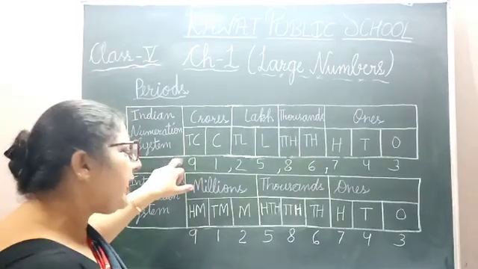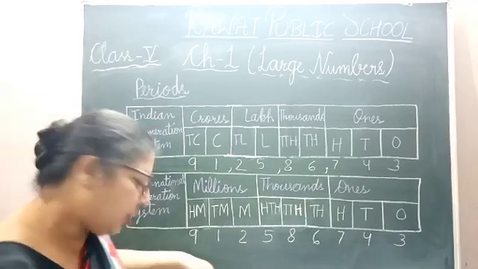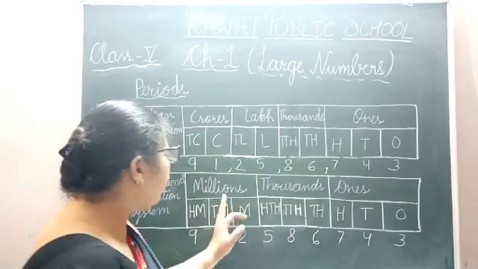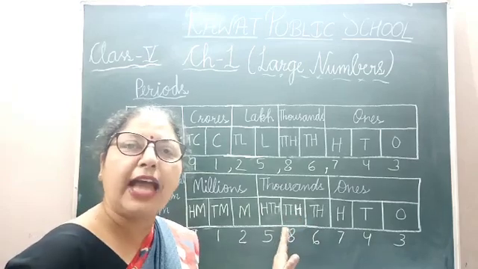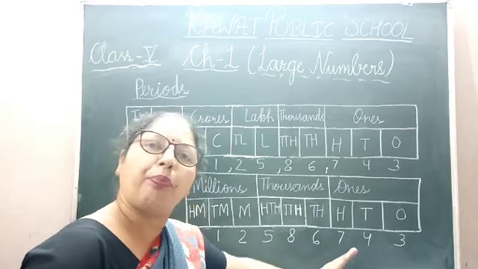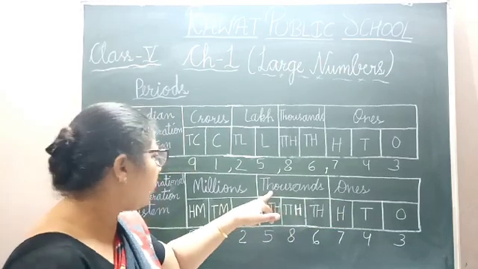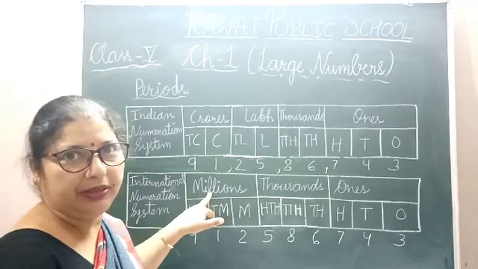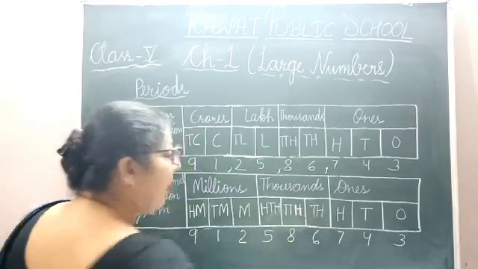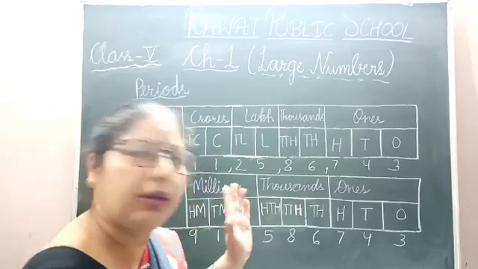Now how do we read this number in the international numeration system? Students, in the international system there are 3 periods and all periods are grouped in 3 digits. The first period is called the ones period, the second period is called the thousand period, and the third period is called the millions period. In the first period ones, tens, hundred, and in the thousand period up to 10,000, both systems are the same.